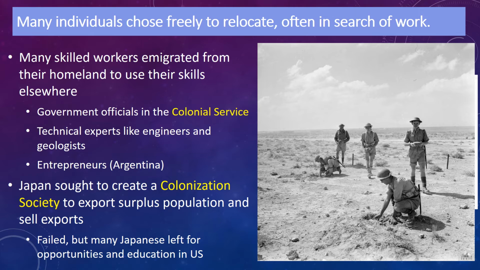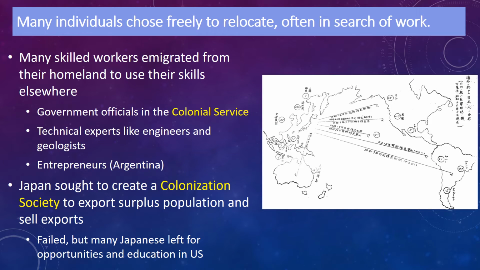The next group is very specific to Japan, and these are the colonization societies that they set up. Everywhere that you see these little dots right here, these are colonies that are part of the Colonization Society of Japan. This is not successful. The goal was that Japan would take their excess population and send it out of Japan in order to reduce the population, and then hopefully create markets that they can sell goods to because they're industrialized.